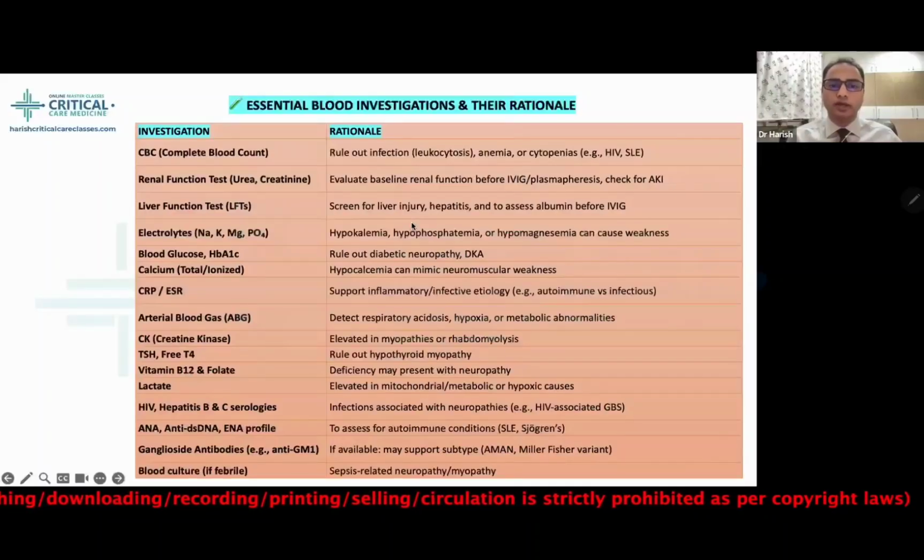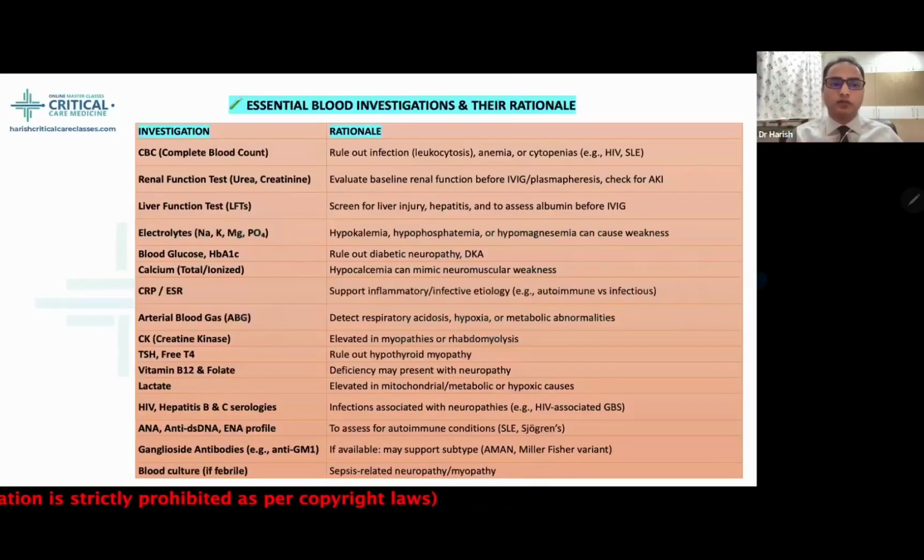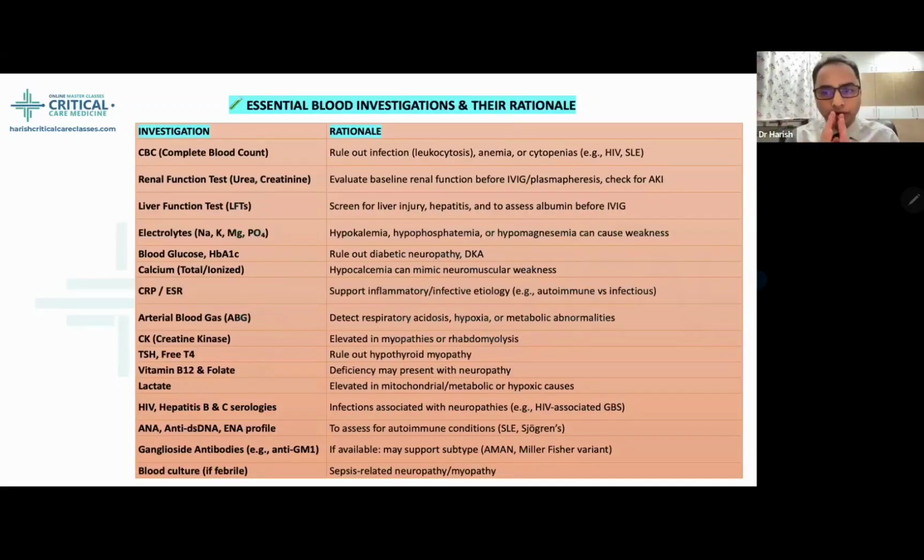Liver function test, screen for liver injury, hepatitis. Also to assess albumin before giving the IVIG. Electrolytes, again sodium, potassium, magnesium, phosphorus. Hypokalemia, hypophosphatemia, hypomagnesemia, all can cause some sort of muscle weakness. So you need to exclude these differential diagnoses.